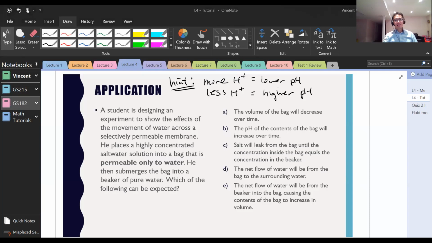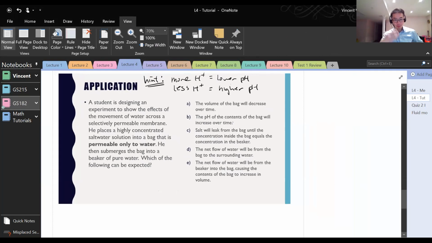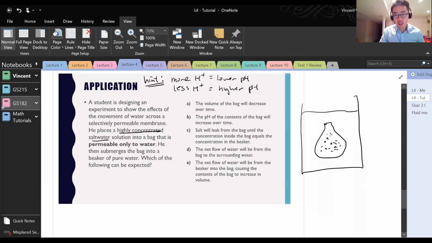Now, I wouldn't say that this is a hard question. It's just very wordy, and you have to read it carefully to know what's going on. So we have the student, we have the bag, and it is highly concentrated salt water. That means it has a lot of salt in it. Then he's gonna put it in a beaker of just water, so no salt at all, and the bag is only permeable to water.